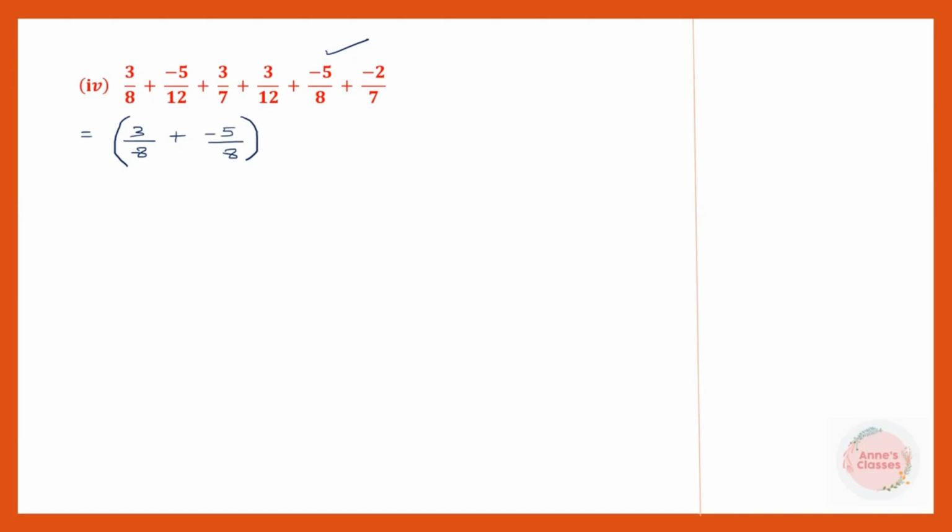Now let's take the second group with the denominator 12. So that will be minus 5 by 12 plus 3 by 12. Let's write that. So this is plus minus 5 by 12 plus 3 by 12. This is our second group. Now the third group is 3 by 7 and minus 2 by 7, like terms. So that is 3 by 7 plus minus 2 by 7. So now this is the third group. Now let's work this out and see.